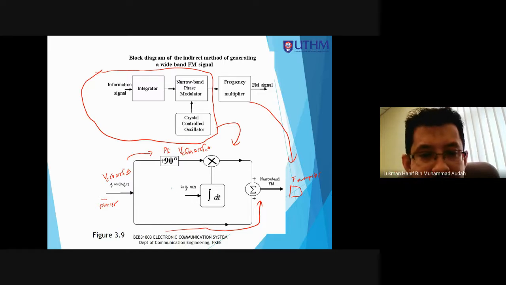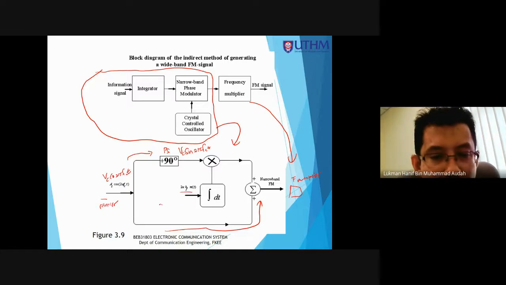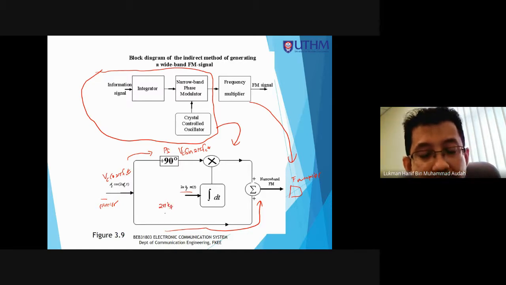So apa yang berlaku di sini? So di sini adalah 2 pi kf mt. Bermakna di sini adalah 2 pi kf mt adalah VMt, which is VM. So kalau tadi cos, kita akan guna cos yang sama lah. Cos 2 pi fMt.